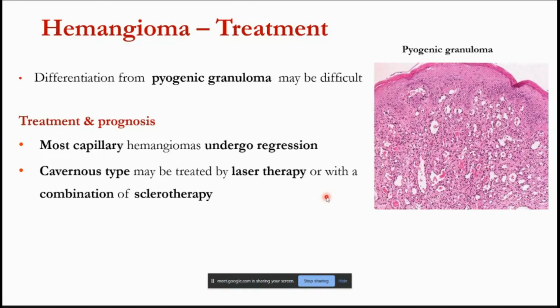The cavernous type may be treated by laser therapy, or a combination of laser therapy and sclerotherapy, where you inject a sclerosing agent within the tissue, and that is going to bring it down.